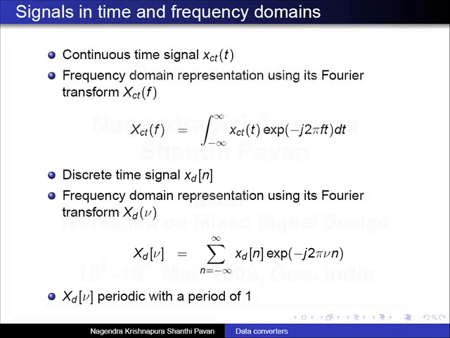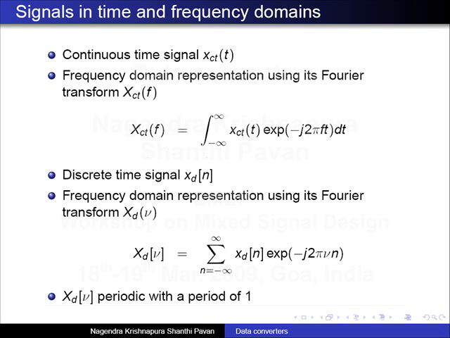Then it also has a frequency domain representation. This new frequency I call nu, the Greek letter nu, and that is because here t is continuous and here n is discrete. Here I have an integral and here I have a summation. So it's not our objective to go into detailed analysis of the transforms themselves, but to use them. So this is just a refresher of the definition. As long as you know these definitions and know some manipulations, you can figure out what happens to signals when you sample them.